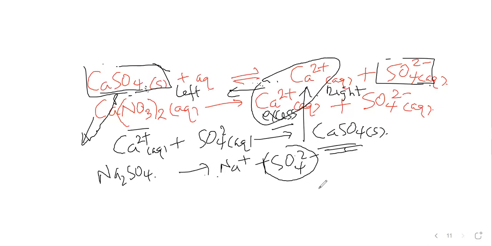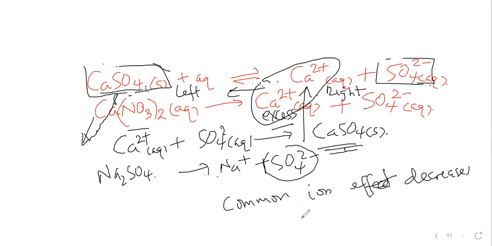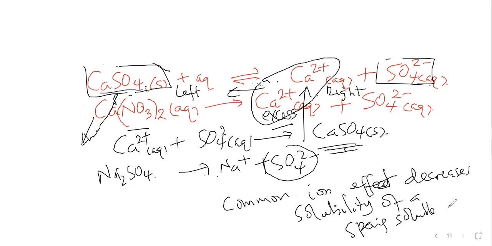So common ion effect in general decreases solubility of a sparingly soluble electrolyte. Decreases solubility of a sparingly soluble electrolyte.